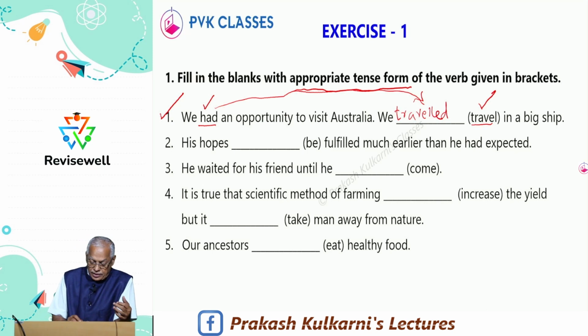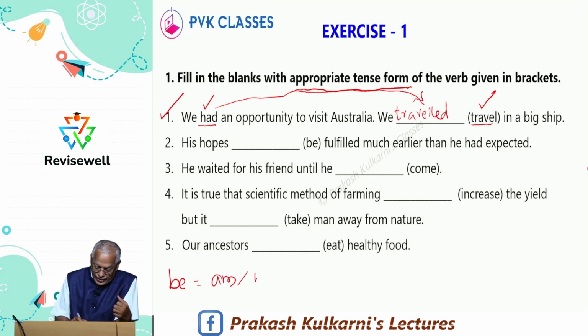Coming to second sentence. His hopes dash be fulfilled much earlier than he had expected. Now please remember, this is very, very important. What do you mean by be? So be present tense verbs are am, is, are. So these are present tense be verbs.